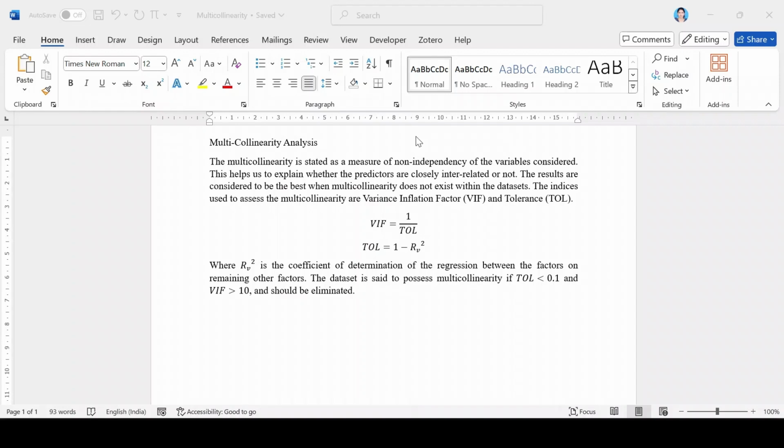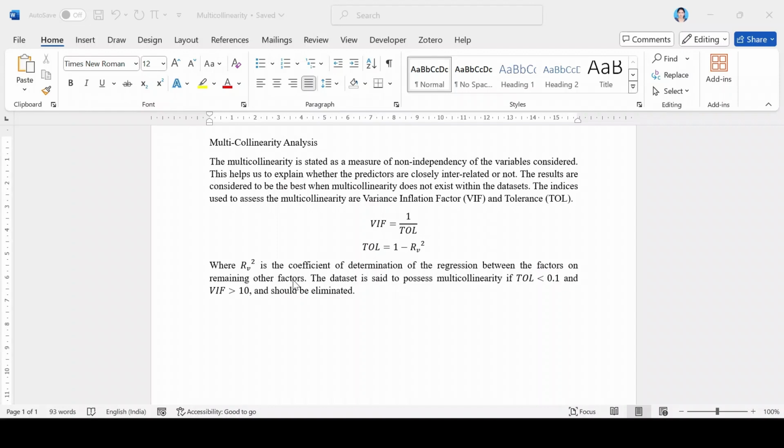The two commonly used indices to assess multicollinearity are the variance inflation factor, or VIF for short, and tolerance, shortened as TOL. The formulas are VIF is equal to 1 divided by TOL, where TOL is equal to 1 minus R square. This R square is the coefficient of determination of the regression of the factor on the remaining other factors.